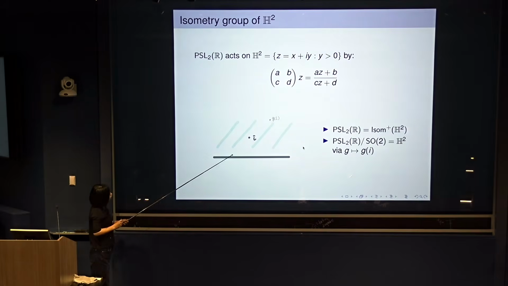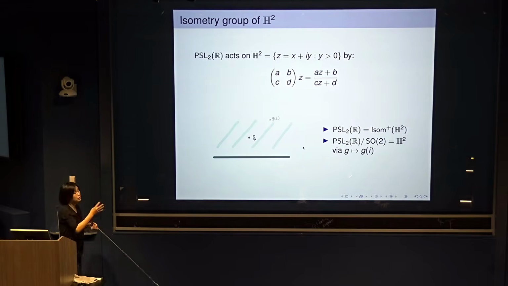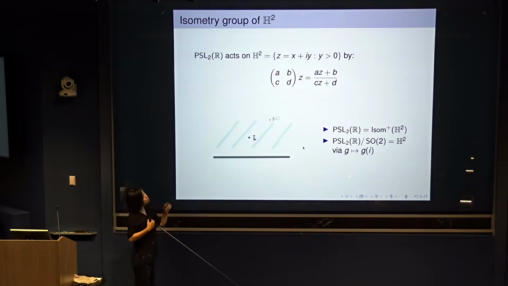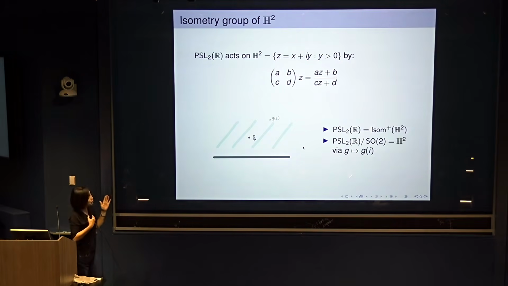And moreover, you can compute the stabilizer of this point i, and it is exactly the rotation group SO2. Okay? So this gives the identification of H2 with the quotient of PSL2R by SO2. So every point in H2 is a point of PSL2R mod SO2, because PSL2R acts transitively with stabilizer SO2.